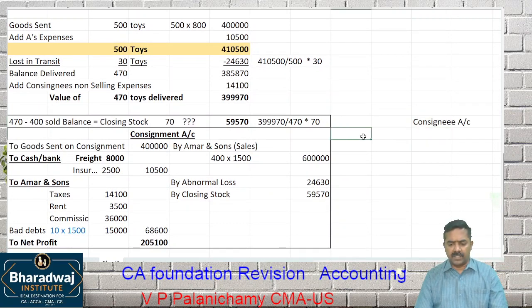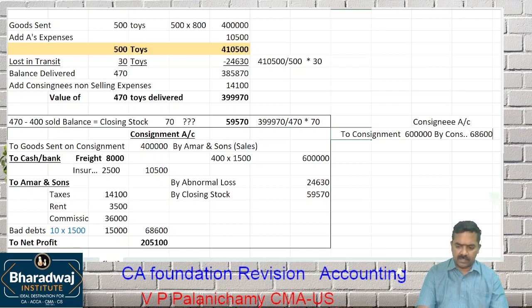We can prepare the consignee account also. Consignment sales is 6 lakhs. By consignment expenses, how much? 68,600. What is the advance money paid by him? 80,000.